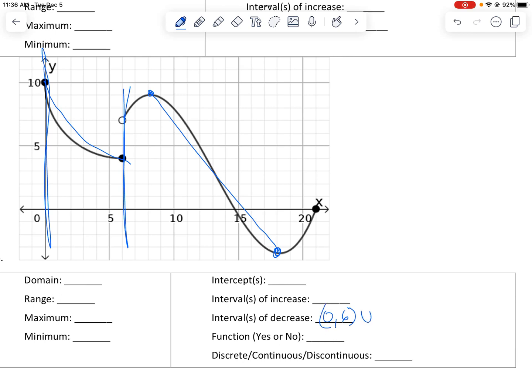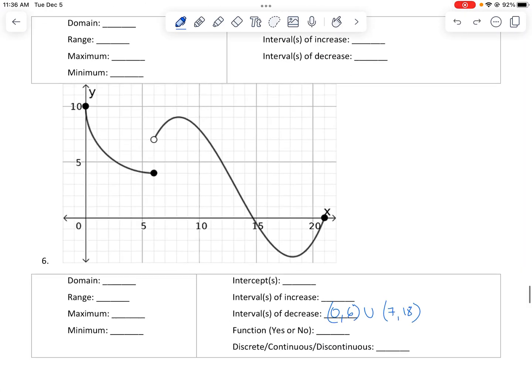And then when you get another one, you put a U, and it goes from here, which looks like 7, until you hit here, which looks like 18. So you got 7, 18, and you have two different intervals. So it's okay to have more than one interval. Just make sure you put a U there to denote that both of them are included in the answer.